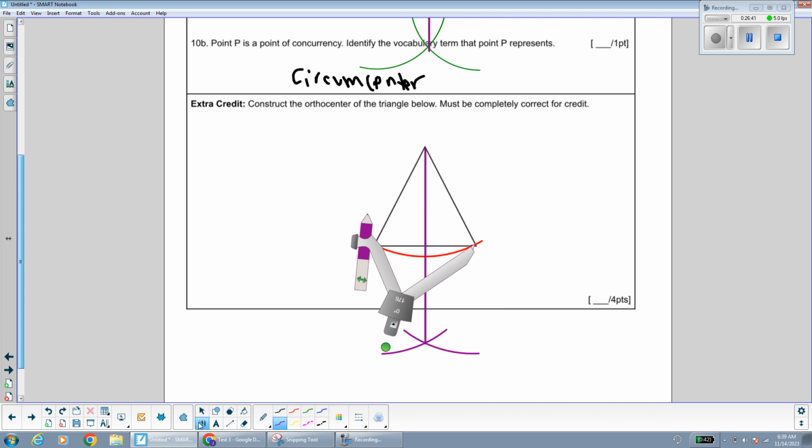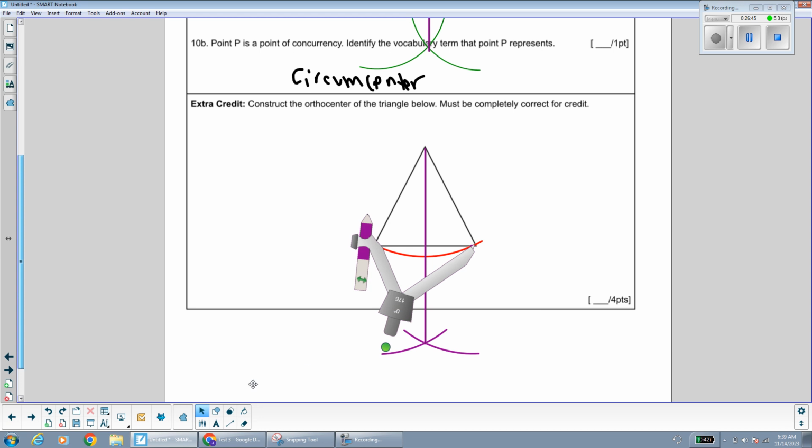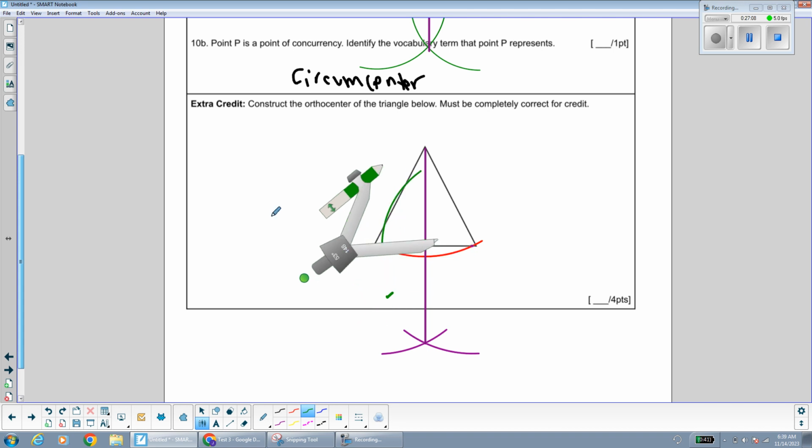And let me just get a different color on this. Now it needs to be a little bit bigger than that. This is super hard to do on the computer. It's so much easier to do this on paper.